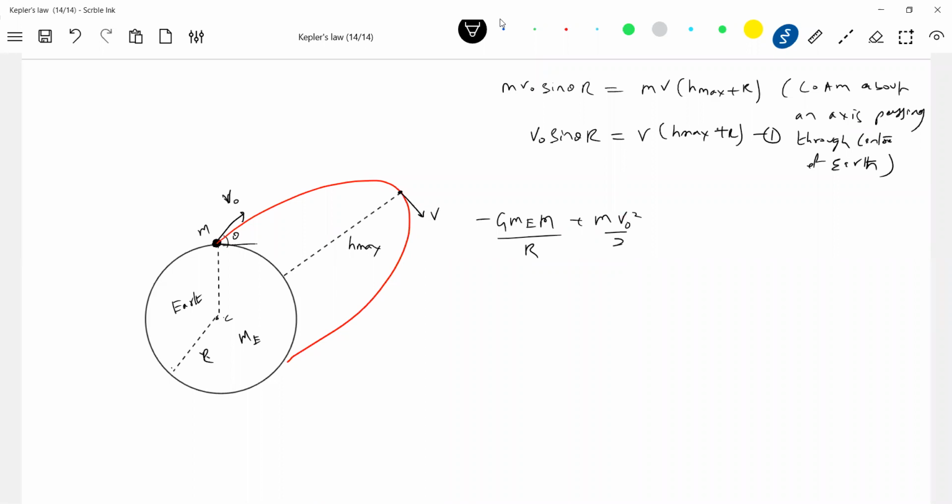Kinetic energy, the theta should not come. Agreed? Minus G M m by h max plus r plus m v square by 2. How many unknowns are there? v and h max. Solving these two equations will give the required answer.